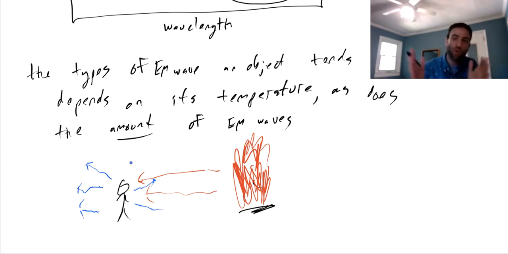And even though both me and the fire are constantly emitting and absorbing these electromagnetic waves, because the fire is hotter, it's emitting a lot more of them. And so the fire tends to warm me up as I absorb more radiation from the fire than I emit. And the fire is receiving less of the thermal radiation I'm putting off than it's emitting.